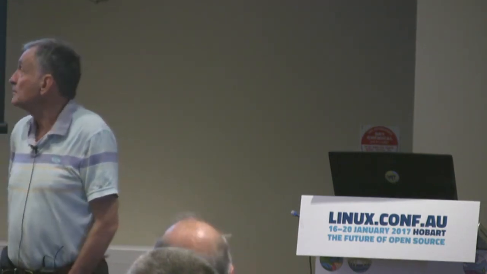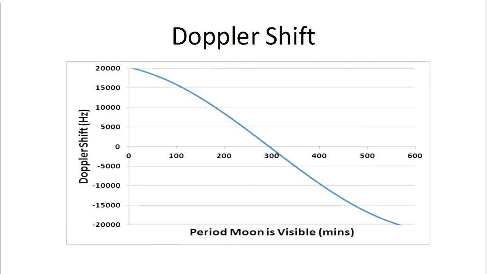Now, the WSJT program allows, we did have a bit of a problem in the accuracy of the Doppler correction until Joe used his contacts in NASA to get a better model of what the moon's doing. But we can now send signals to the moon and back with GPS locking of frequencies and get within about 5 hertz at 10 gigahertz accuracy.